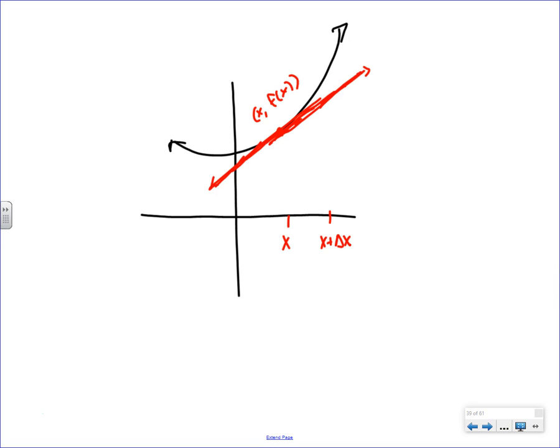However, the actual function would go up here. So the difference is that area in between the lines.